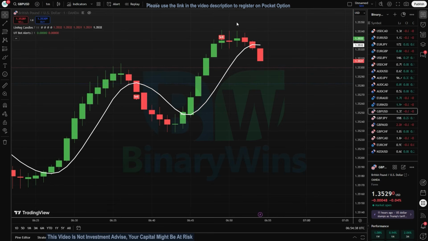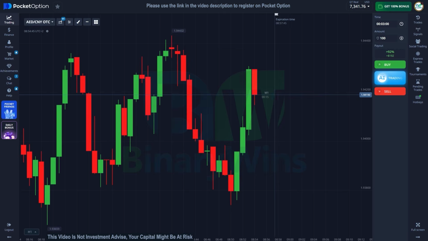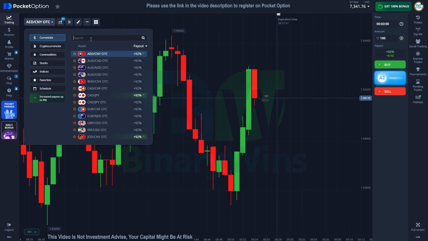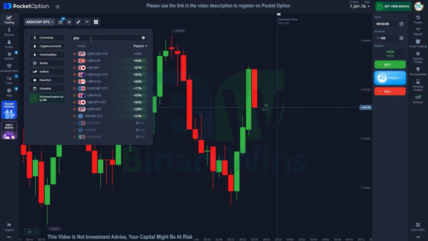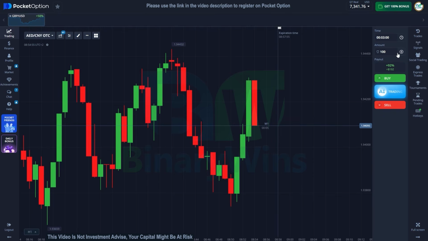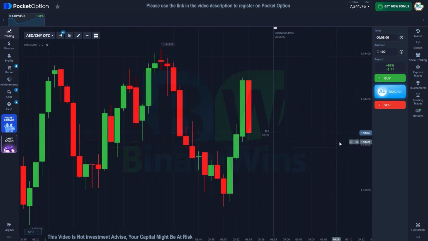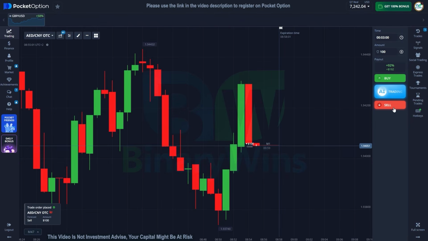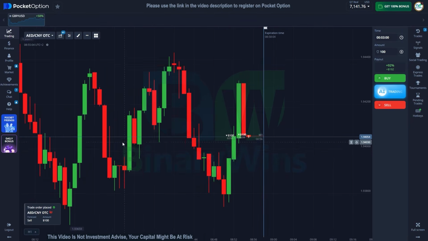As you can see, we have a sell signal on the GBP/USD currency pair and the red candle is below the moving average. I entered 2 lower trades.